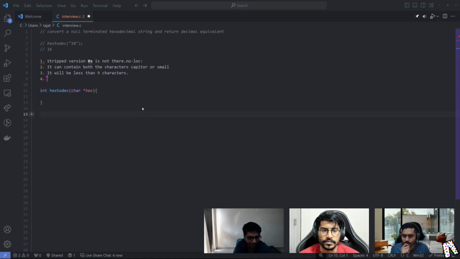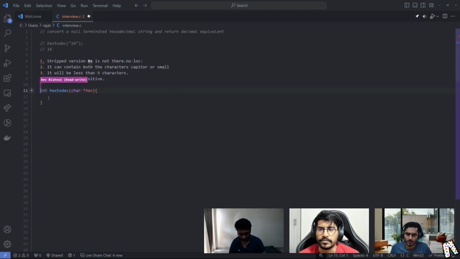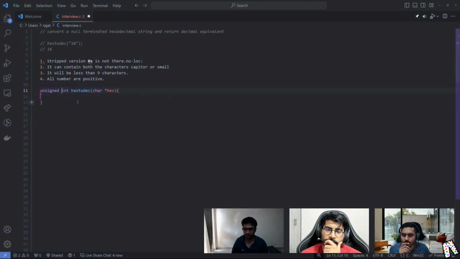Yeah, so let's just assume all numbers are positive, and you have to just return an unsigned int. We can cover that corner case later as a follow-up, but let's assume that it's an unsigned int that you have to return. So everything will either be 0 or positive. Okay. So your range is 0 to 2 to the power 31.